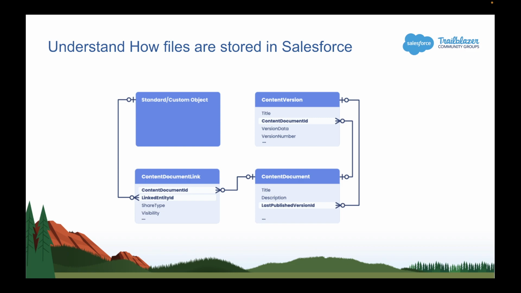Again, I would repeat that content version would store my file, not only the latest version but all the previous versions of the files as well. Now, content document will point me towards the latest version of the file, and content document link is used to link my file with my object records.